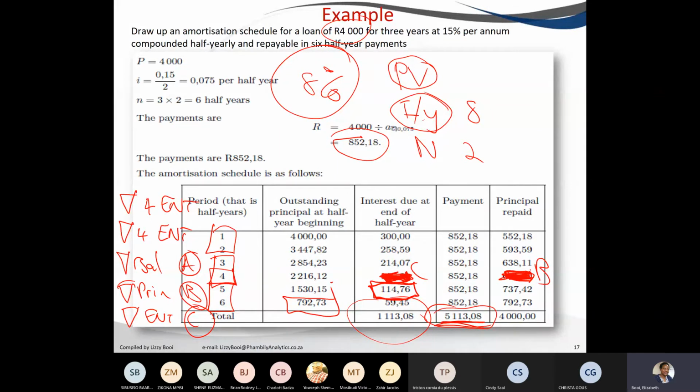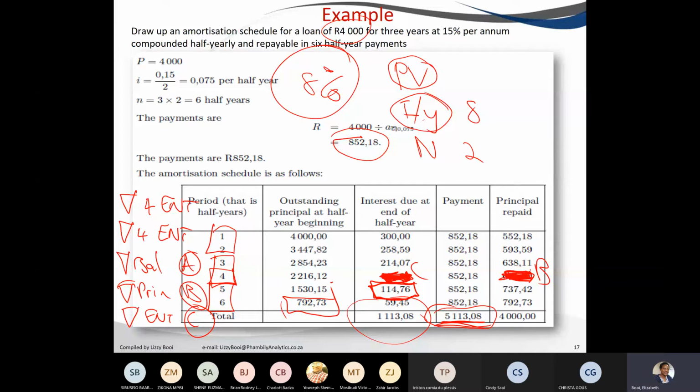Question number 5 will be, if we change the interest rate, what will be the new principal amount at this period? And all of them, you can do on your financial calculator, except those who are calculating manually. It means you will have to create an amortization schedule and calculate your outstanding principal for all of them manually, and then continue like that.